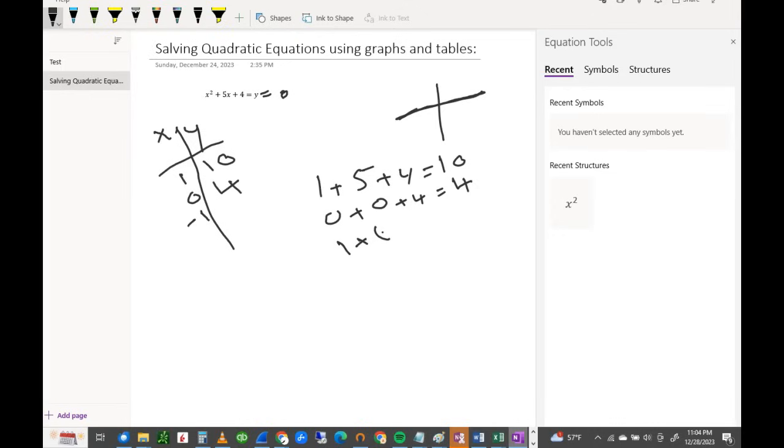Okay, 1, minus 5, plus 4 equals, so 5 and 1 is 5, minus 5 is equal to 0.